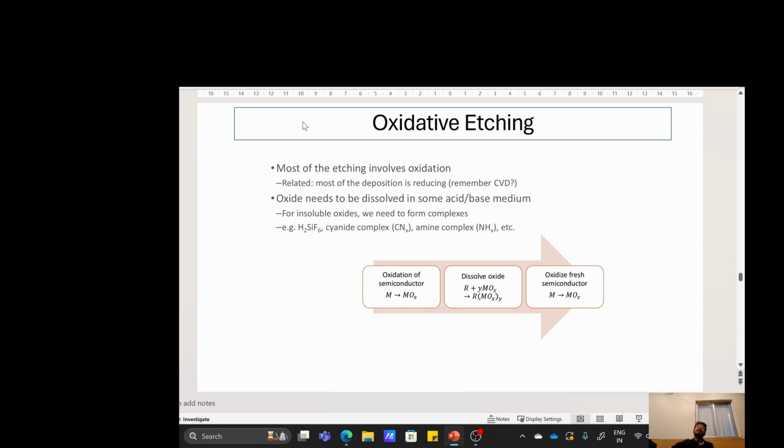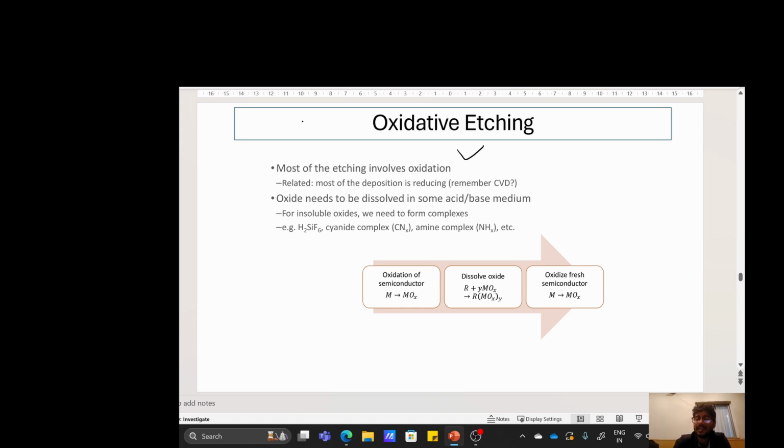An oxidative agent oxidizes the surface and then removes it. That is oxidative etching. Most of the agents involve oxidation of the surface and then they remove that material.